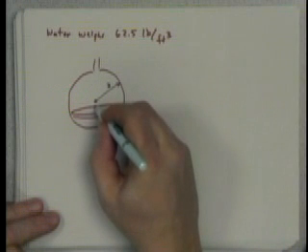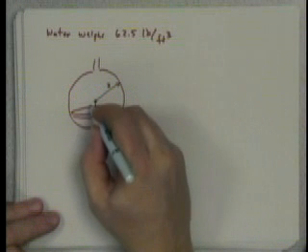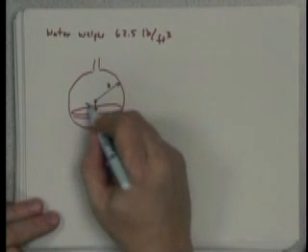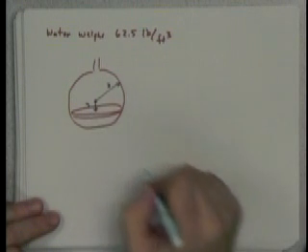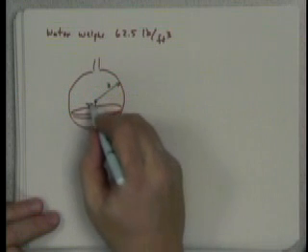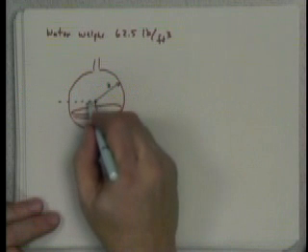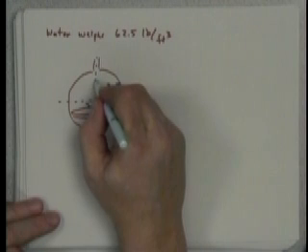So since it's vertical, I'm going to use y to represent the position, how far down it is, and have y equals 0 be here, putting a set of axes right here.